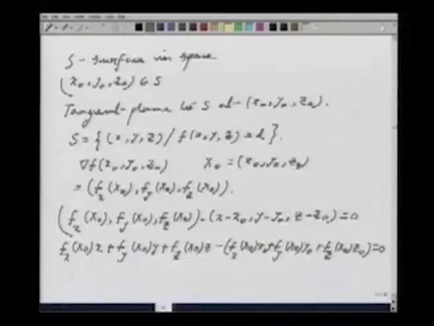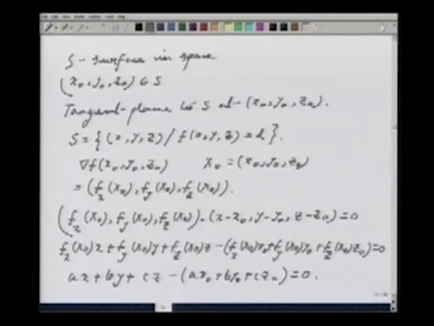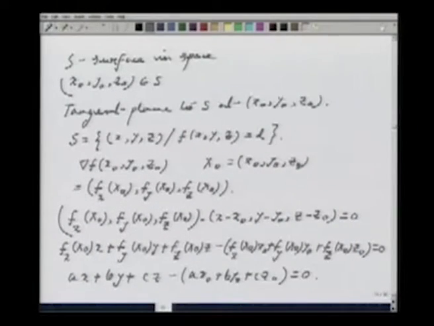So it is of the form ax plus by plus cz minus (ax naught plus by naught plus cz naught) equal to 0, which is certainly the equation of a plane, because x naught, y naught, z naught is a constant, the given coordinates of a point. So the portion in the bracket is actually a number, so it certainly represents a plane. And given a surface and given the point, I can certainly find out this plane. That we will do in the sequel.